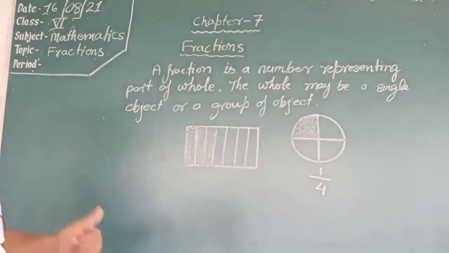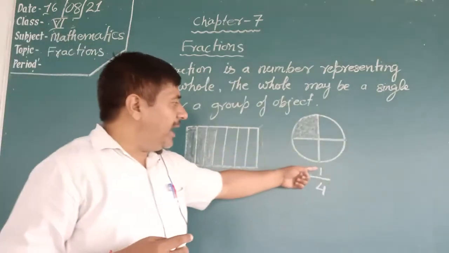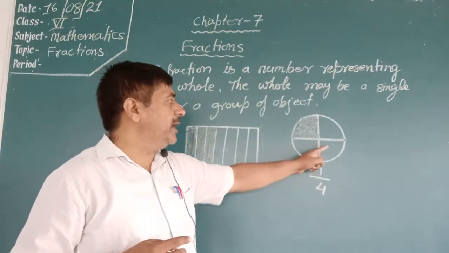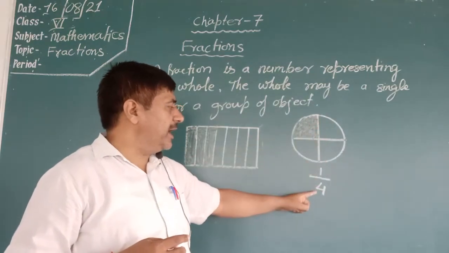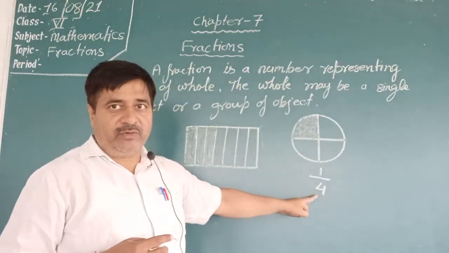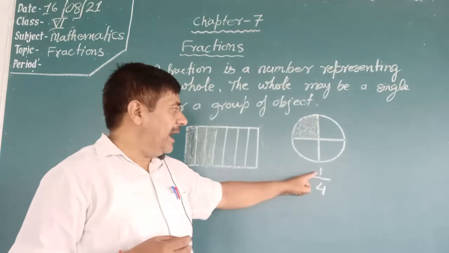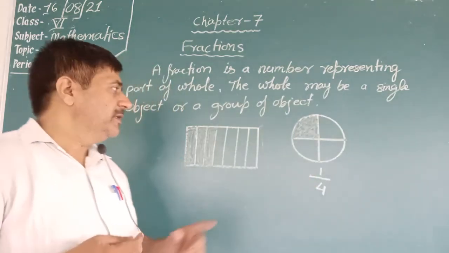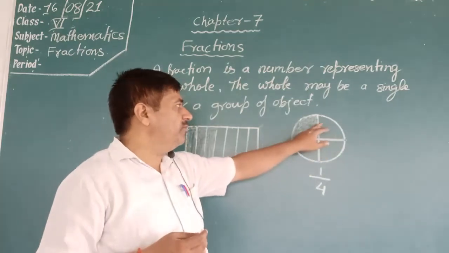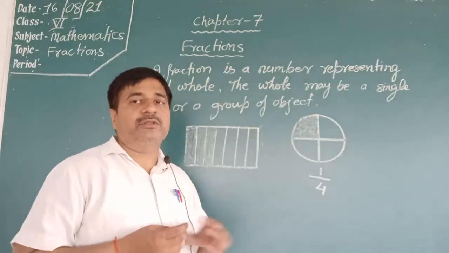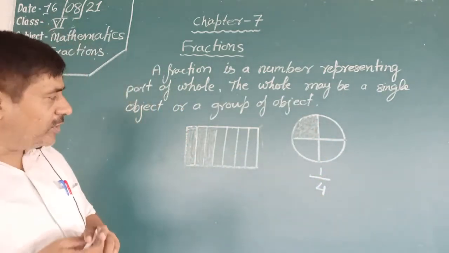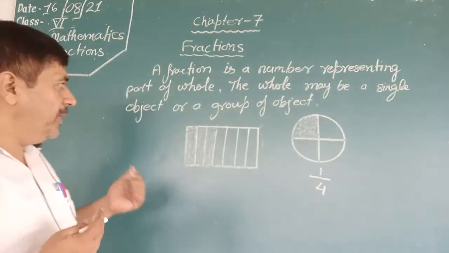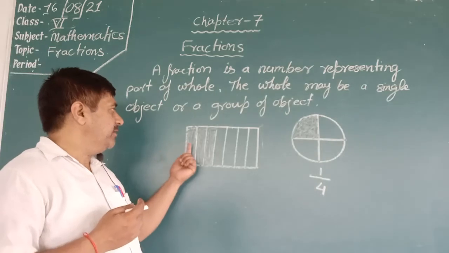Now, the whole has 4 parts, so you write that in the denominator, and the part you write in the numerator. Then it becomes a 1/4 part.